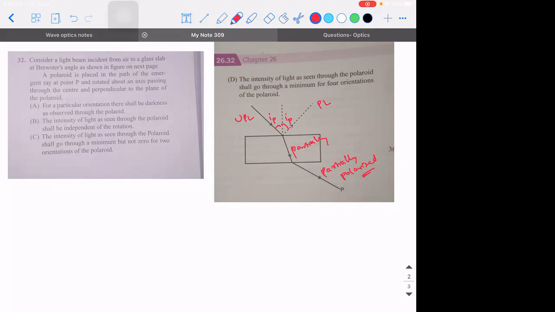How are you saying? Because it's partially polarized.